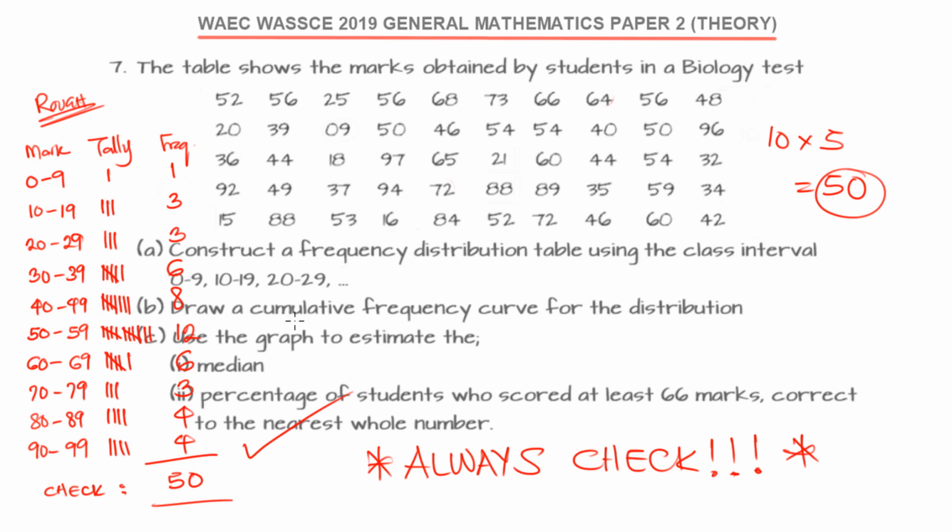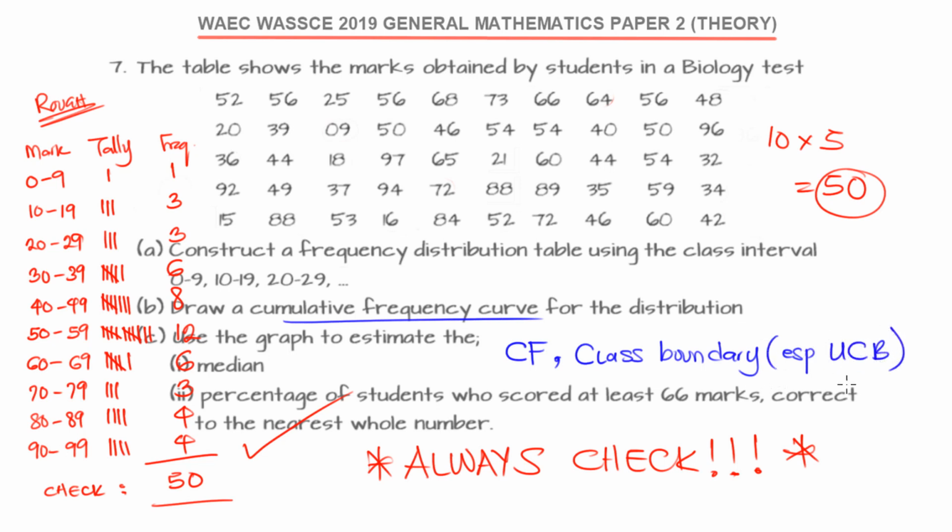Like here, we're told to draw a cumulative frequency curve for the distribution. That will be a curve in which we have on the x and the y axis, we have the cumulative frequency, okay, and then we are going to be using the class boundary, and we are going to draw that graph, the cumulative frequency against the upper class boundary.